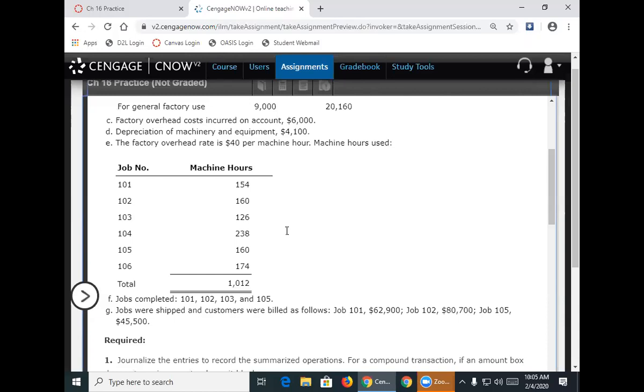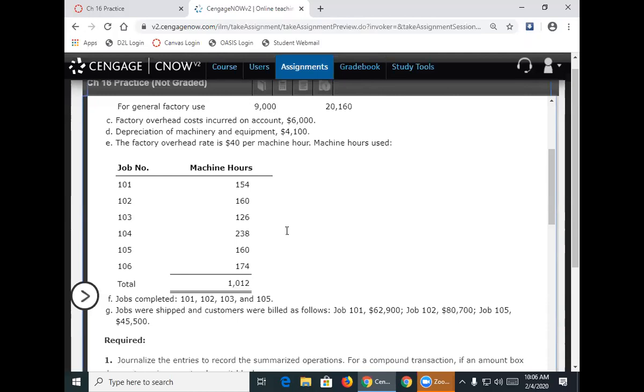We had work in process, we have finished goods, and cost of goods sold. Our total cost was over here as a debit to work in process, right? We had all of our costs in there.